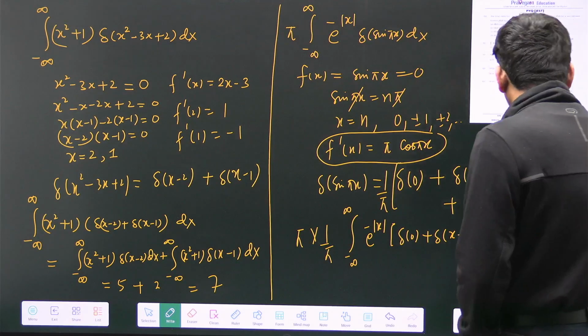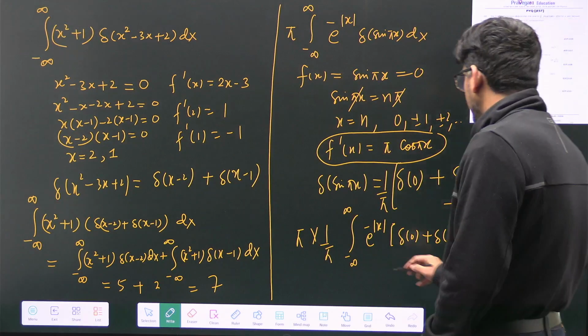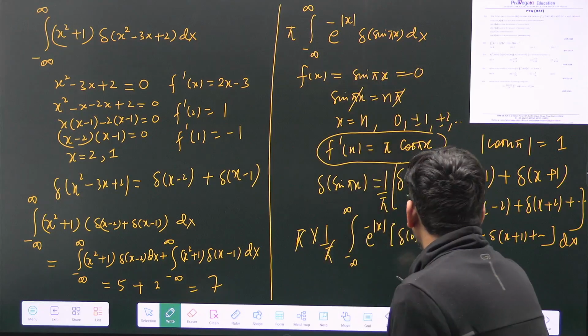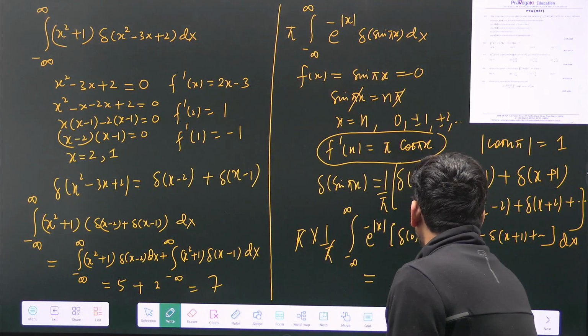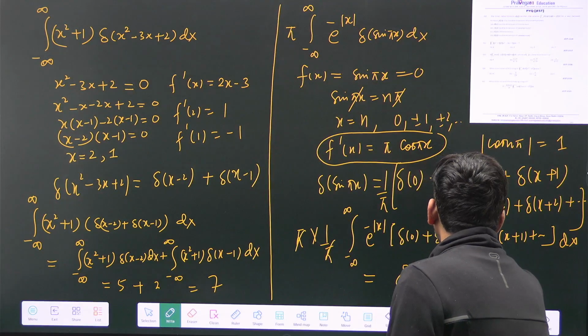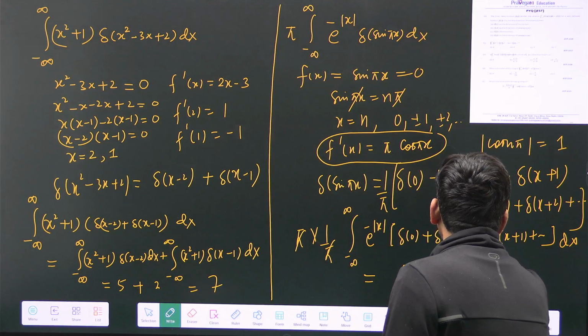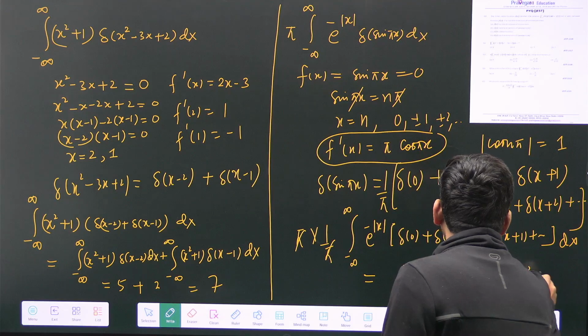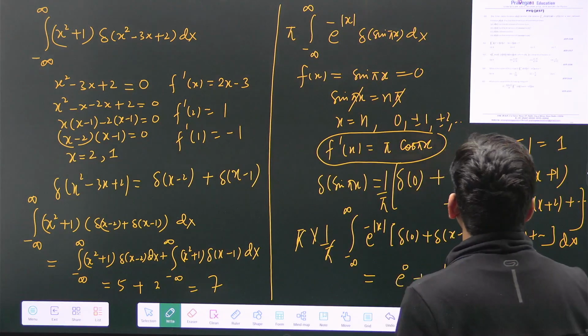Now dx. Now this will cancel. It will become e to the power 0 plus e to the power 1 plus e to the power minus 1 plus e to the power 2 plus e to the power minus 2 plus and so on.